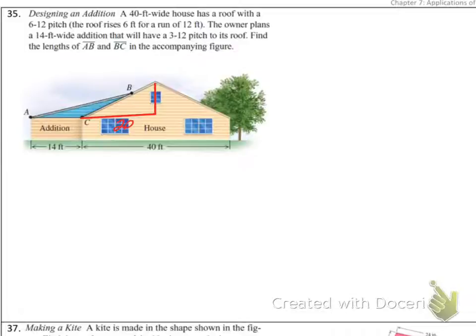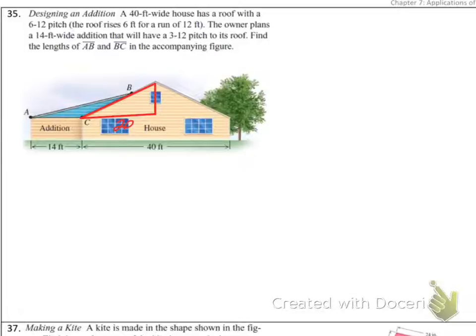So in order to do this, you would have to kind of form this triangle and find your angles. Okay, so this triangle here is a 6 by 12 foot pitch. So if we look at this triangle right here, we're going to use a different triangle to actually figure that out.